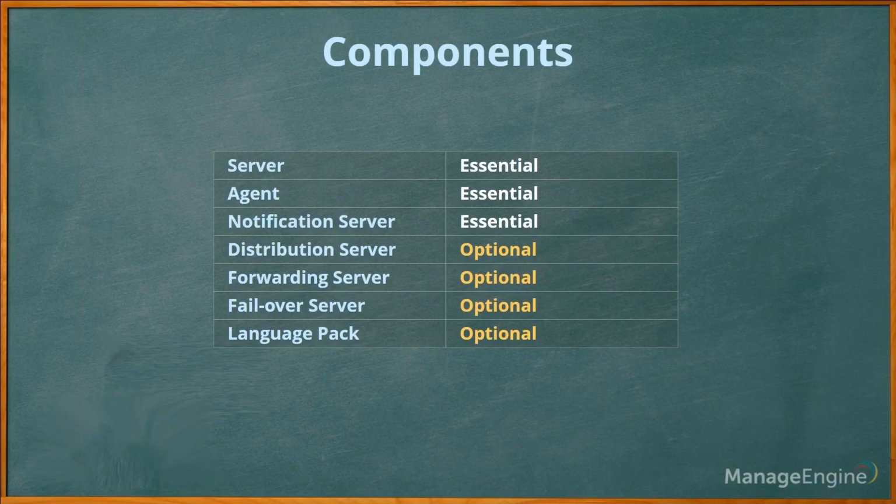We'll discuss this in detail later. Next, the failover server. The failover server brings an additional server to your network, which actively monitors the primary server and takes over when the primary server fails. This feature helps you eliminate downtime in your system, which is also an added advantage.